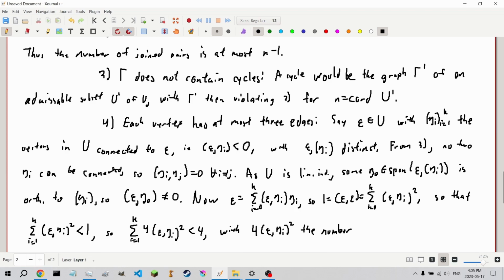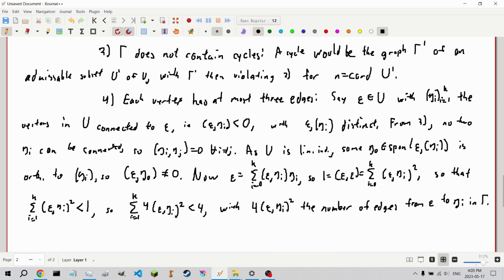With a reminder that each 4 (epsilon, eta_i) squared is the number of edges from epsilon to eta_i in our graph. And we have a consequence of this.